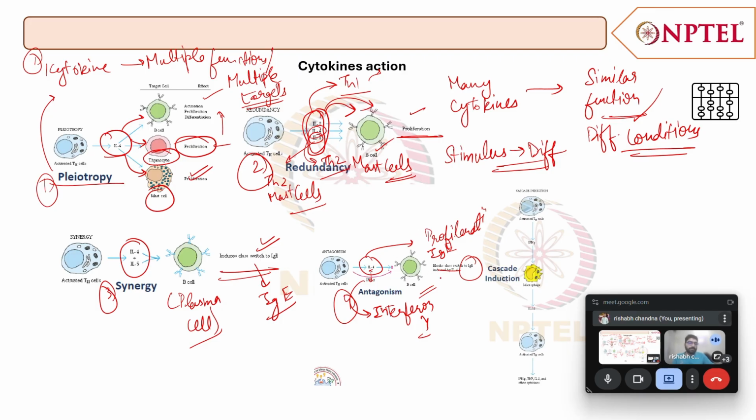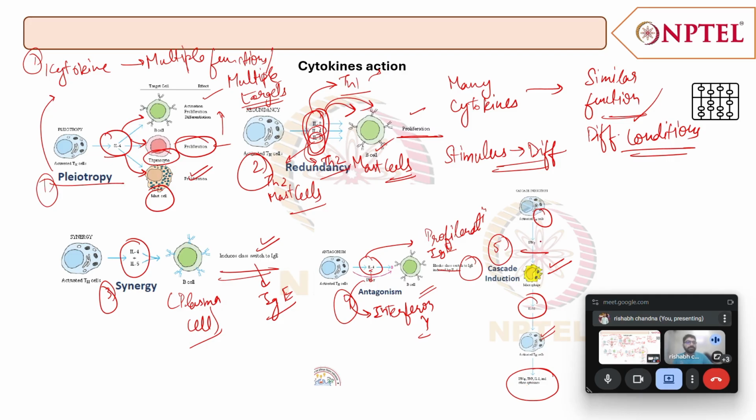Apart from these, we have cascade induction. So here what we have is a Th cell, that means a helper T cell, that produces interferon gamma. This interferon gamma acts on a macrophage. The macrophage then produces IL-12. This IL-12 then again activates the Th cells to produce IFN gamma, TNF alpha, IL-1, IL-2, and other cytokines.